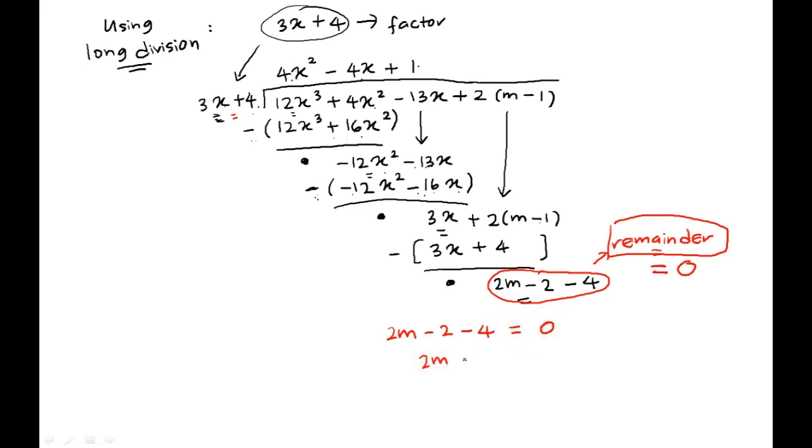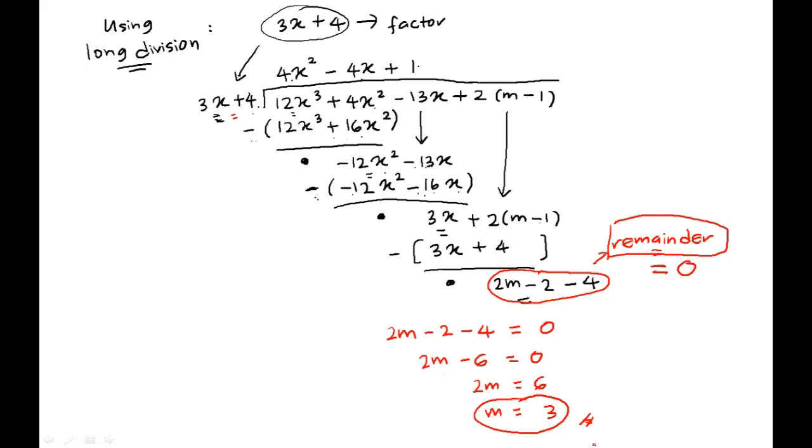So simplify 2m, negative 2 minus 4, negative 6 equal to 0. Make m as a subject, so 2m equal to 6, m equal to 3. So that's why we will get our m is equal to 3. So this is one of the methods. Okay, satu method je saya tunjuk.